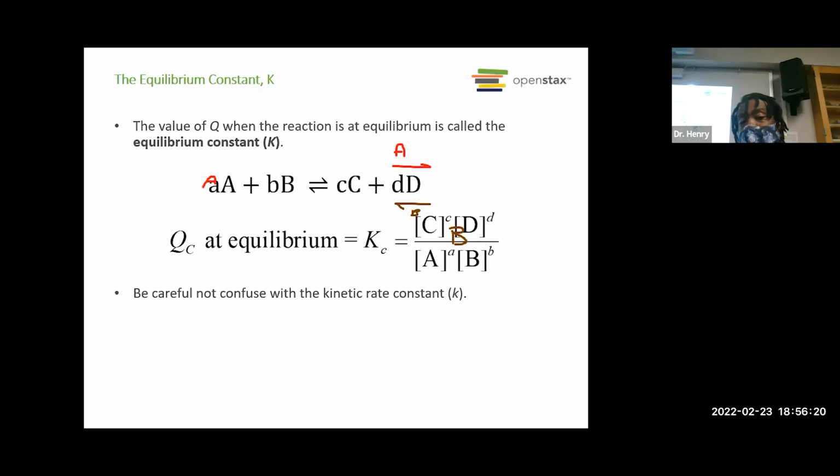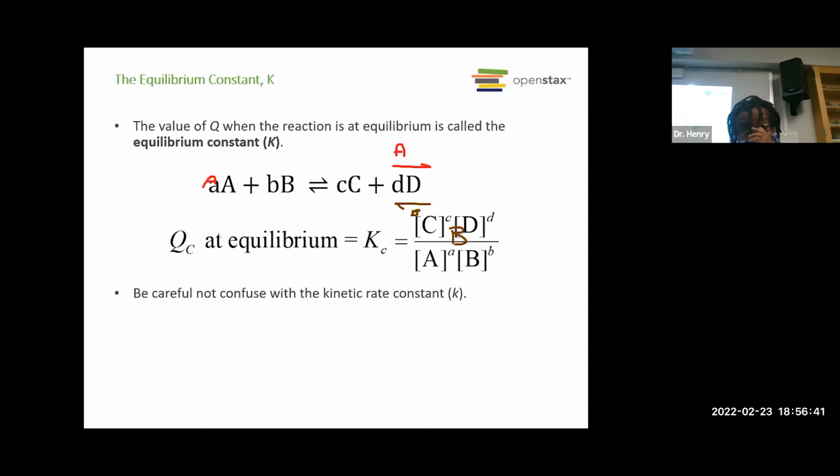Okay, so now important things to remember. Q at equilibrium is going to equal Kc, and that's just going to be that same equation that we have there, right? So the equilibrium constant is capital K. We do not want to mistake that for the rate constant, which is lowercase k.